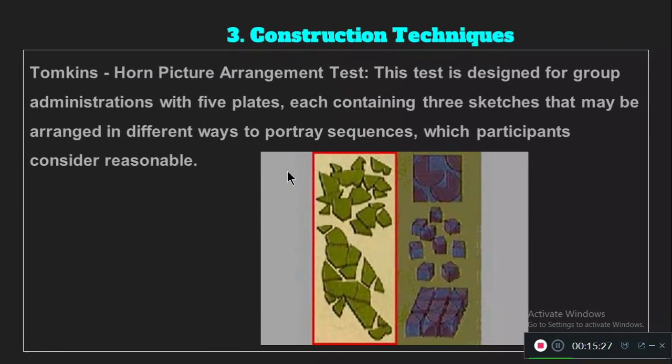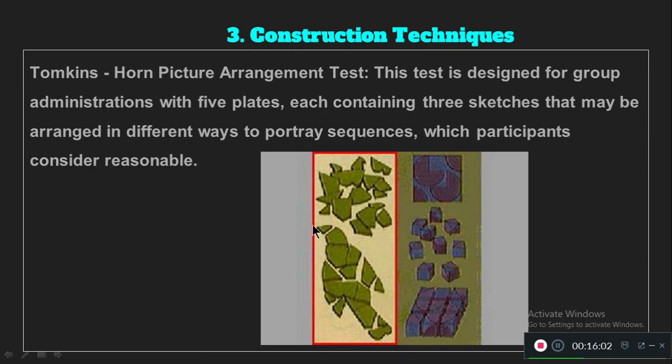The next method is the Tomkins-Horn Picture Arrangement Test. In this test, the type of test is designed for group administration. It is not given for individuals. For group administration with 5 plates, each containing 3 sketches that may be arranged in different ways to portray the sequences which participants consider reasonable.